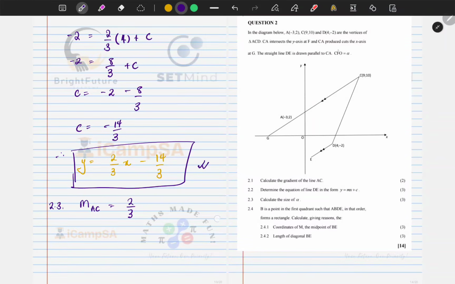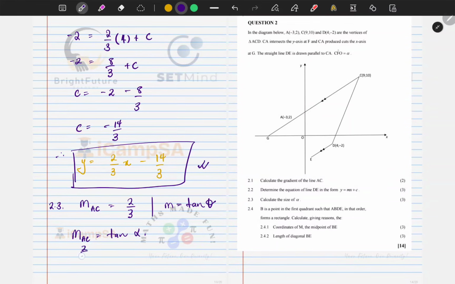And remember, the equation for finding alpha that we are going to use is m equals tan theta. So in this case, tan theta is going to be tan alpha. So this is going to be m of AC equals tan of alpha. Remember, we want alpha. So we have 2 over 3.